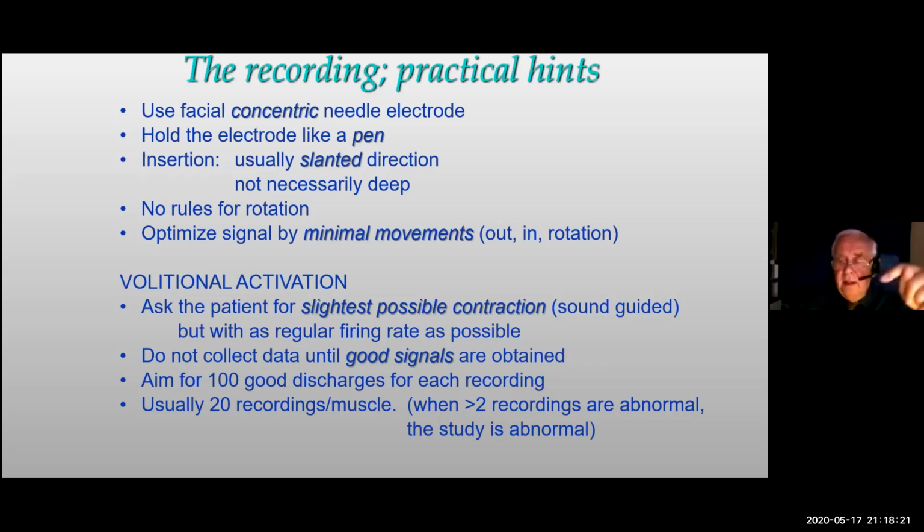We place it not perpendicularly to the skin, but with a slightly skew insertion. We do not need to go deep inside the muscle, and that is true for ordinary EMG also. We can be pretty superficial. And we make very small movements in or out or rotation to get good signals, and we listen to the sound.